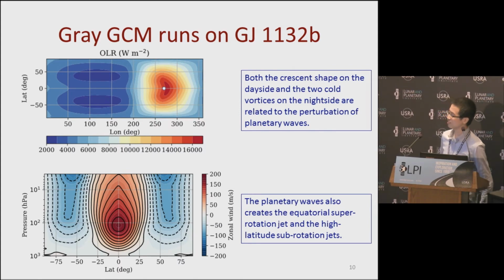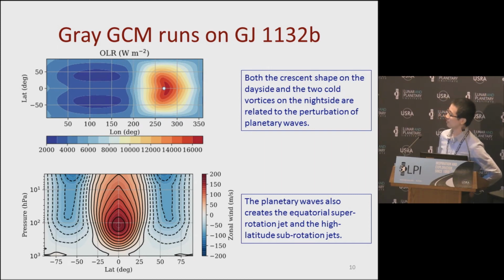I can only show you some gray gas runs at present. So although it's a terrestrial planet, because it's so fast and so hot, you can see the climate pattern shows many similarities with the so-called hot Jupiters. And actually, it rotates faster than many of the hot Jupiters.